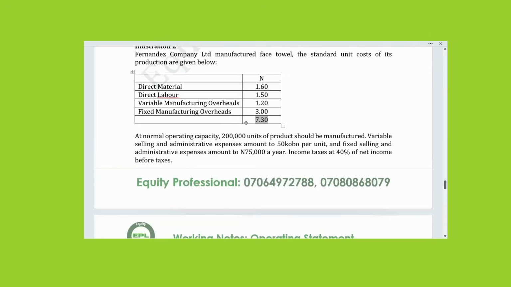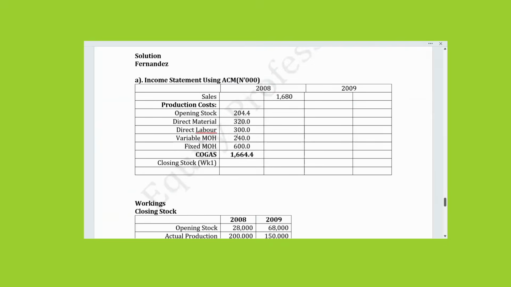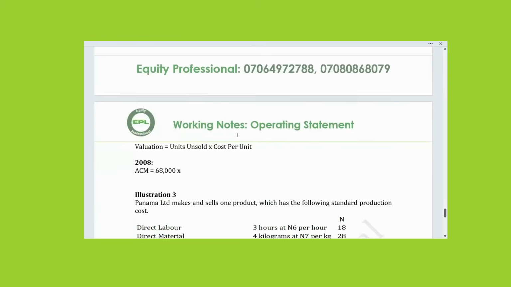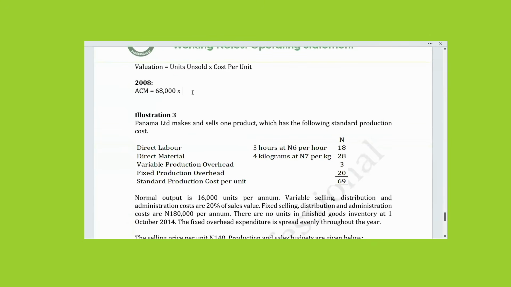That's the standard cost per unit. Therefore, you multiply 68,000 by 7.3. What do you have? 496,400 naira.